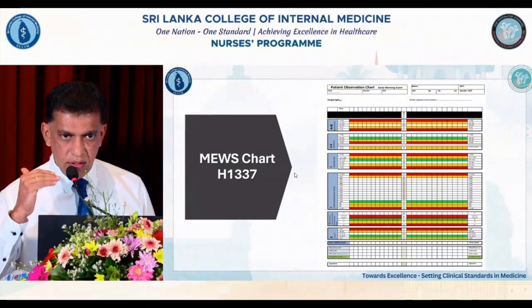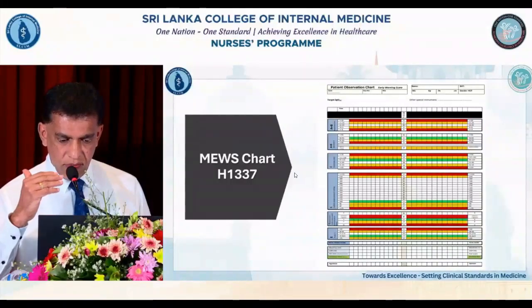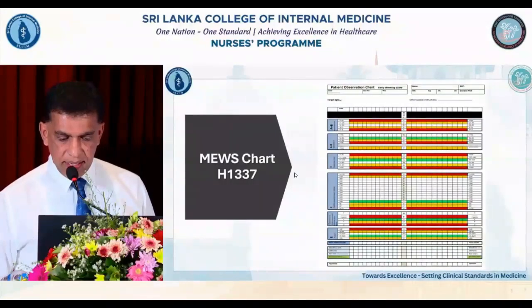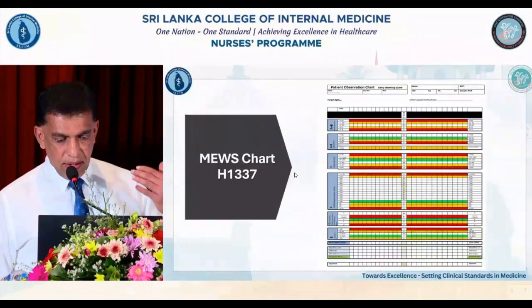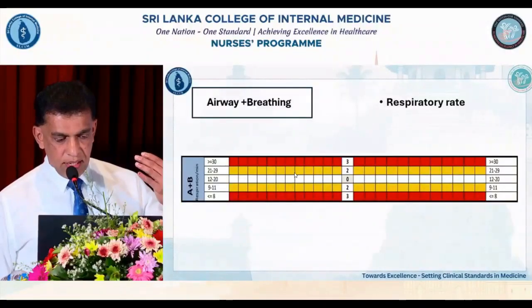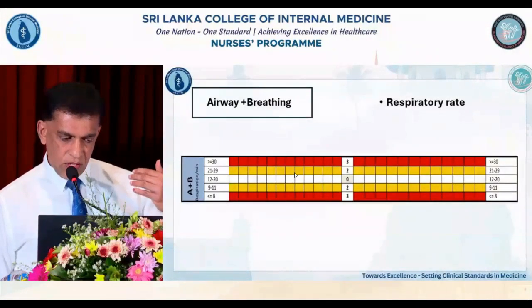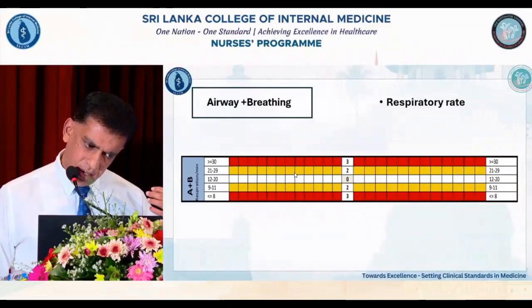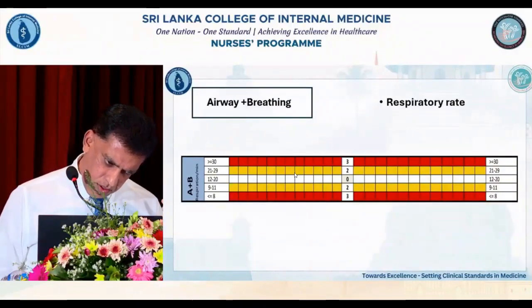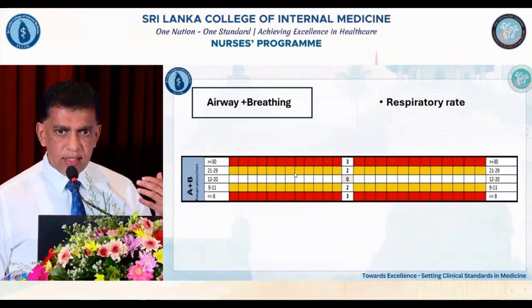That is how the scores are given. So at a glance you can see the respiratory rate: if it is less than 8 or more than 30, it's given 3 marks. Likewise, you have the amber color with 2 marks, and there is no green zone in the respiratory rate.